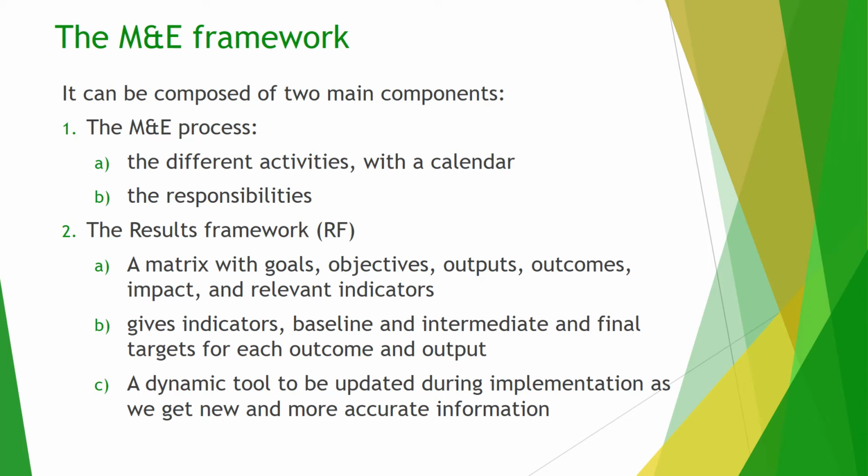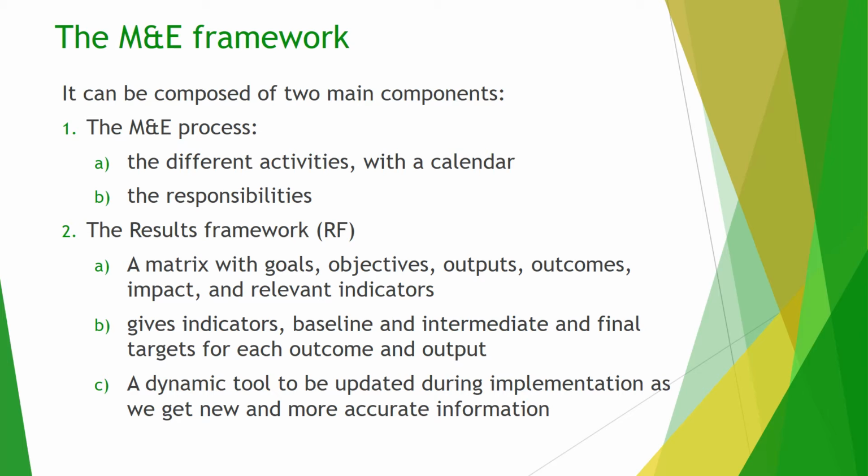And the second one looks more at the elements that we will actually assess and measure in a results framework, which in many cases will start with a recall of the goals, the objectives, and linked to these goals and these objectives, the outputs, the outcomes, the impact, and for each of those relevant indicators. It will give for these indicators the baseline, the final targets, the intermediate targets, linked to each outcome and each output. And this is expected also to be a dynamic tool that will be regularly revised.